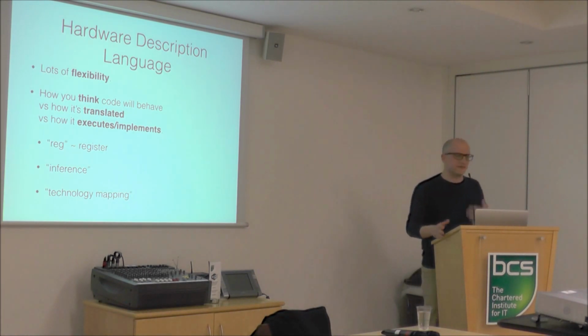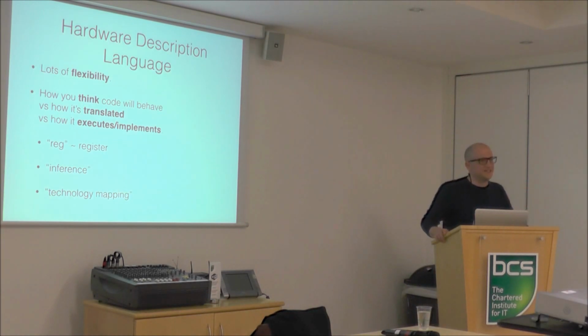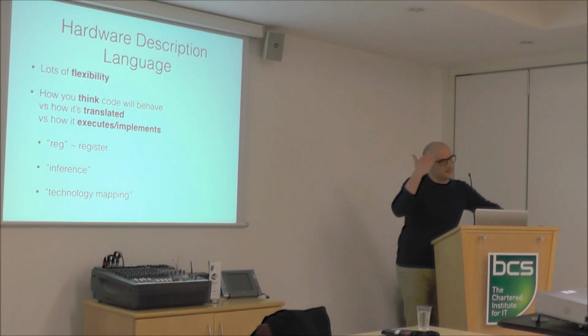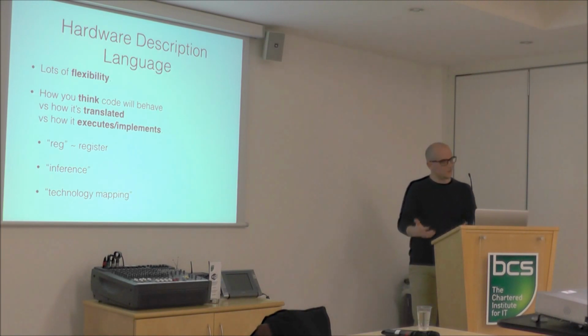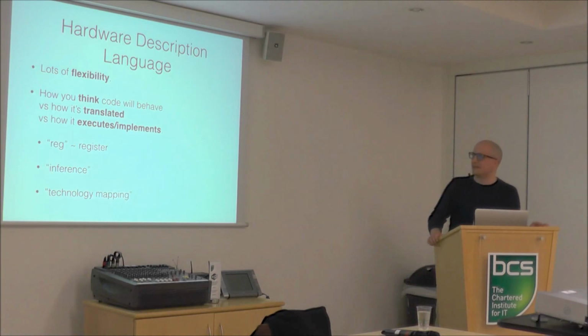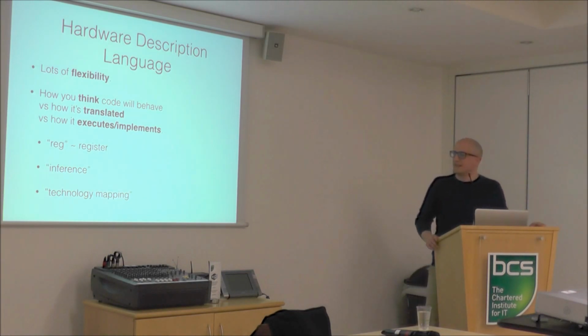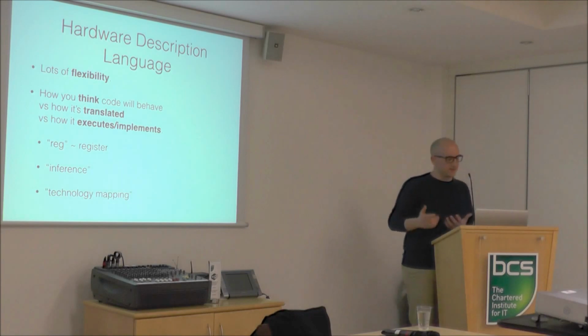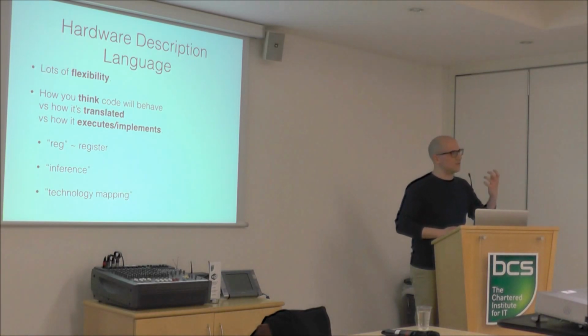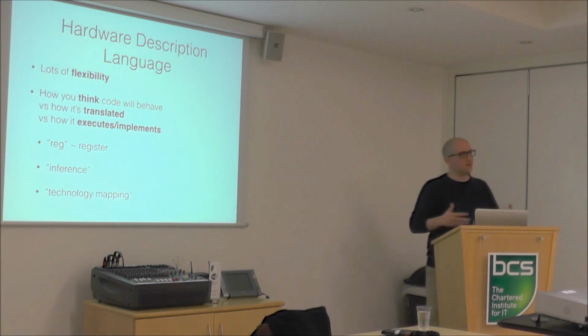And this is fairly familiar from software programming, right? We have to keep in mind sometimes the architecture that we're writing for, and keep in mind how the compiler might be translating that in order to achieve what we want to achieve without a nasty surprise having to debug that. So, for example, in these languages, we might specify reg for a register, but we might not get a register. It might be turned into something else by the compiler.